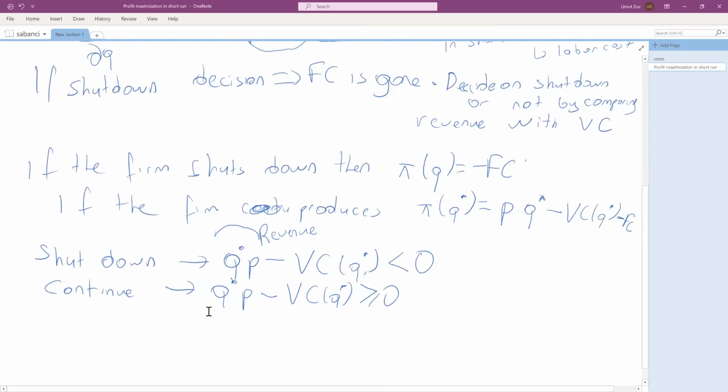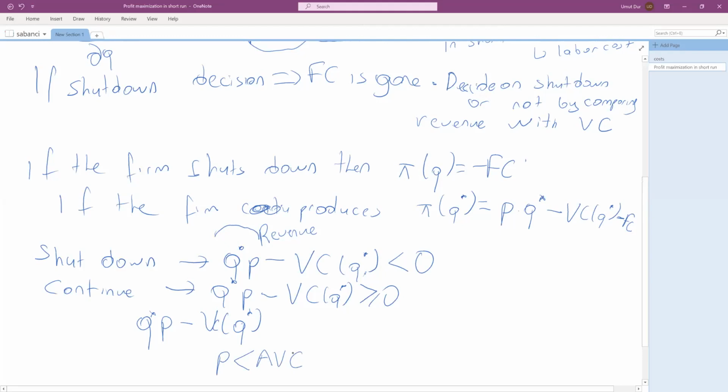So we have this continuation decision. It depends on the relation between the variable cost and your revenue. If I divide both sides by Q, I will have the price, the market price that I cannot change, and the average variable cost.